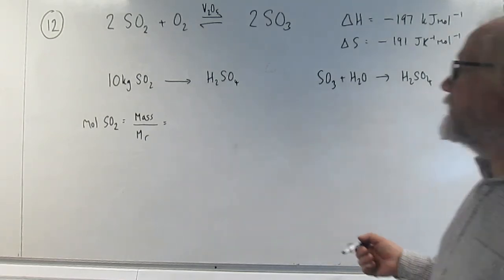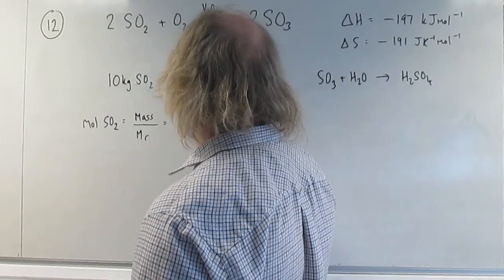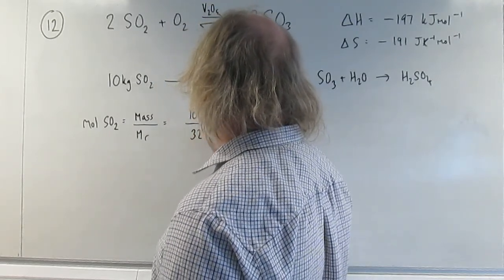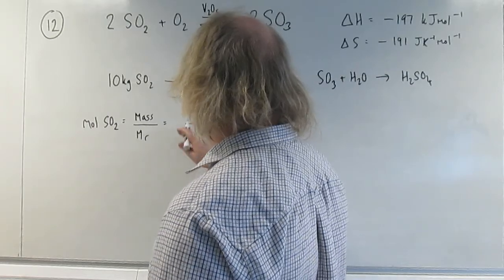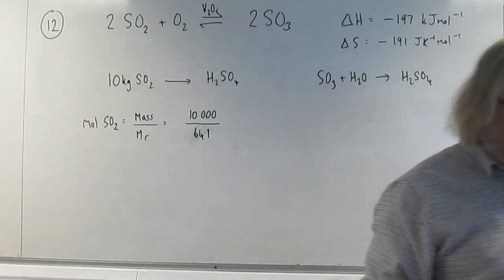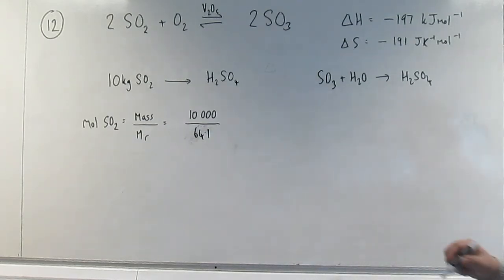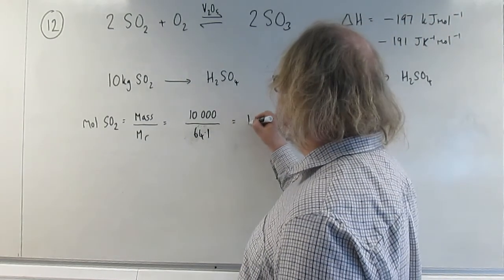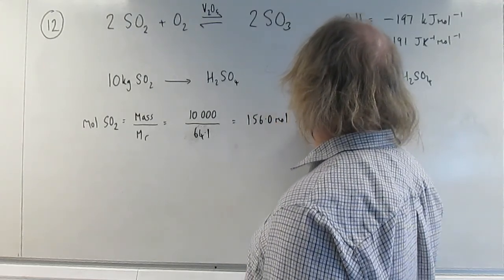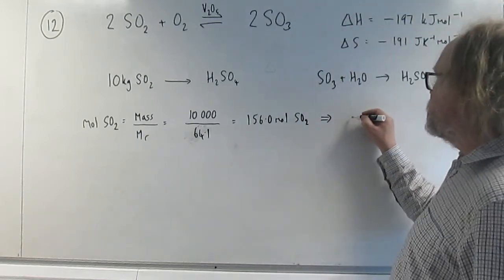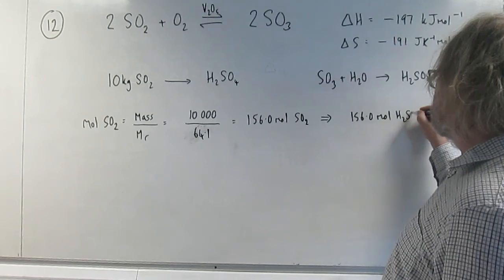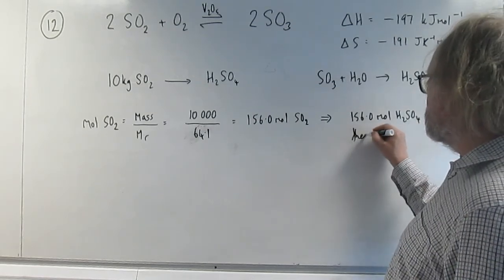So we can say that's 10,000 over 64.1, because it's SO2, is the mass of SO2, which comes to 156.0 moles of SO2, which means that we should get 156.0 moles of H2SO4 as the theoretical yield.